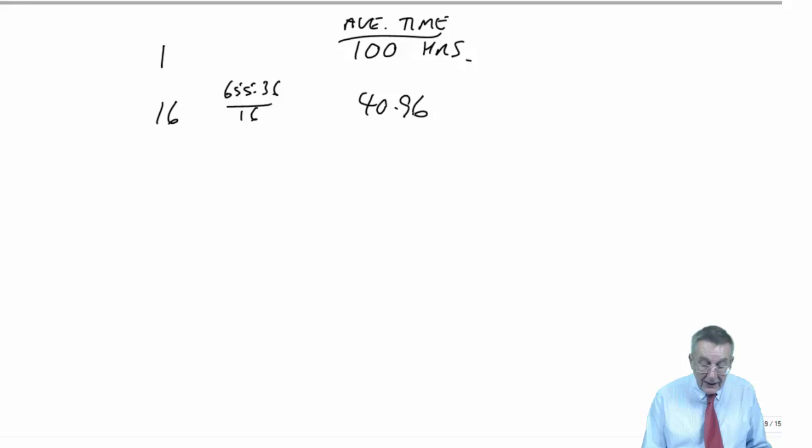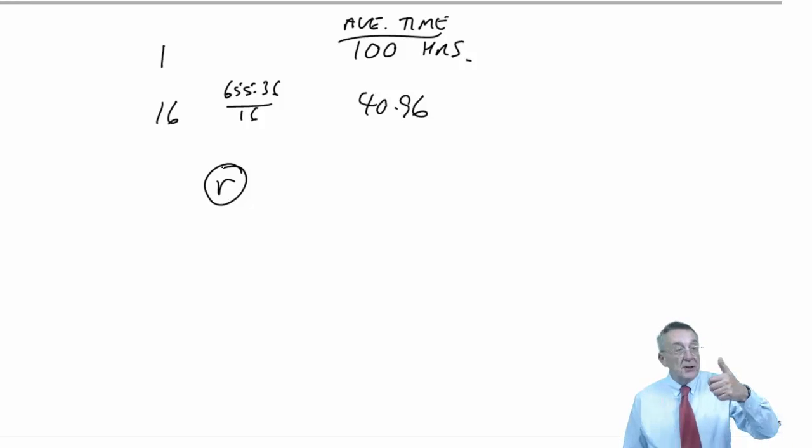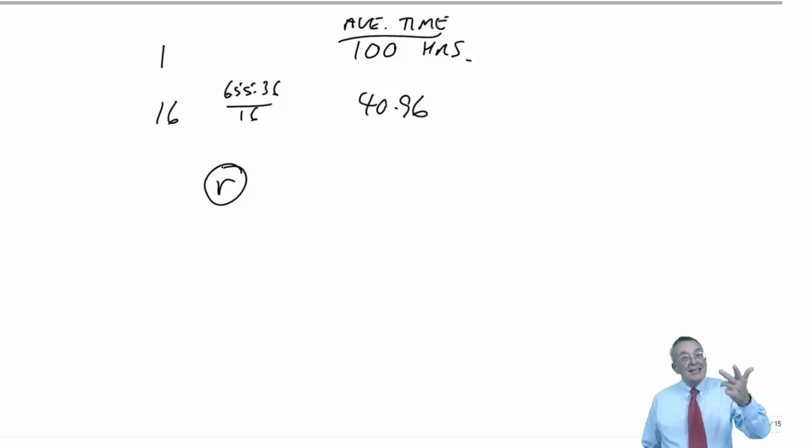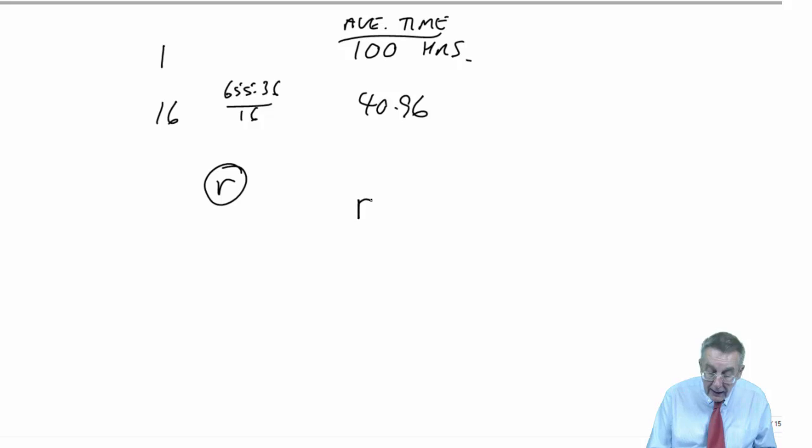Now, if the learning rate is R, then remember, we multiply by R each time we double. How many times will we have doubled here? We doubled once up to 2, 4, 8, 16. It's late in the day. We've doubled 4 times. And so, start again, 100 times R to the power 4 is 40.96.